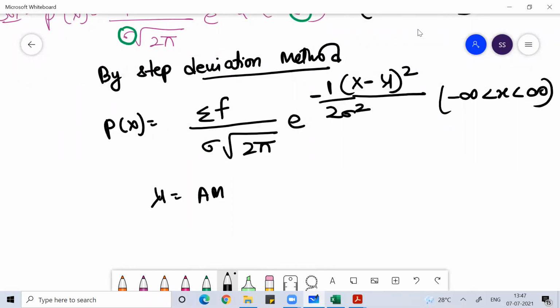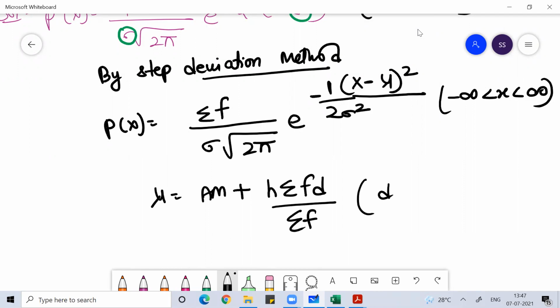If you follow the step deviation method, then the formula of mean is assumed mean plus h into summation of fd by summation of f.